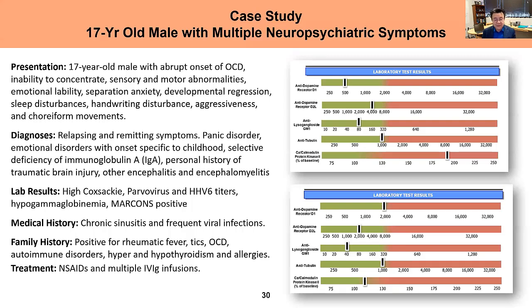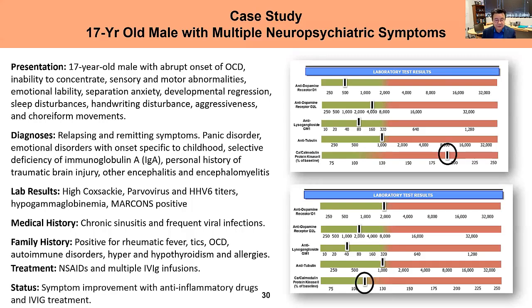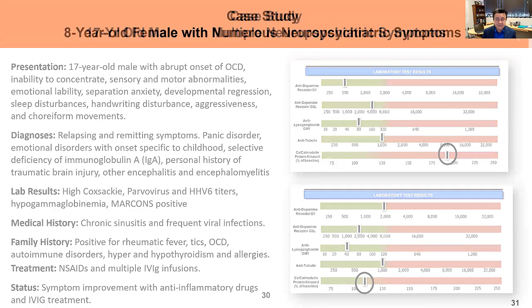So the treatment was NSAIDs and multiple IVIG infusions. And what you can also see in this patient is a single CAM kinase activation, and the treatment improved significantly with anti-inflammatory drugs and IVIG treatment.